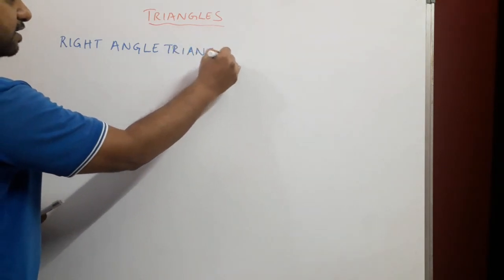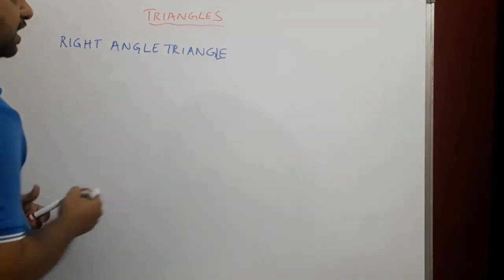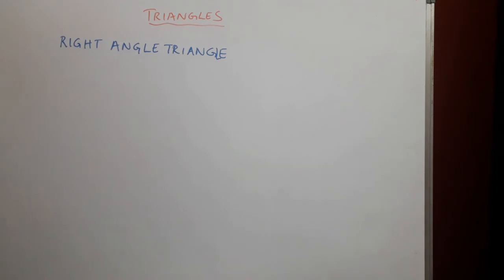And a right angle triangle you will come across many times in geometry in your class 9 and more importantly in your class 10, particularly because of the application that it has with respect to Pythagoras theorem. We'll look at what is a Pythagoras theorem in another video, but over here we just look at what is a right angle triangle.